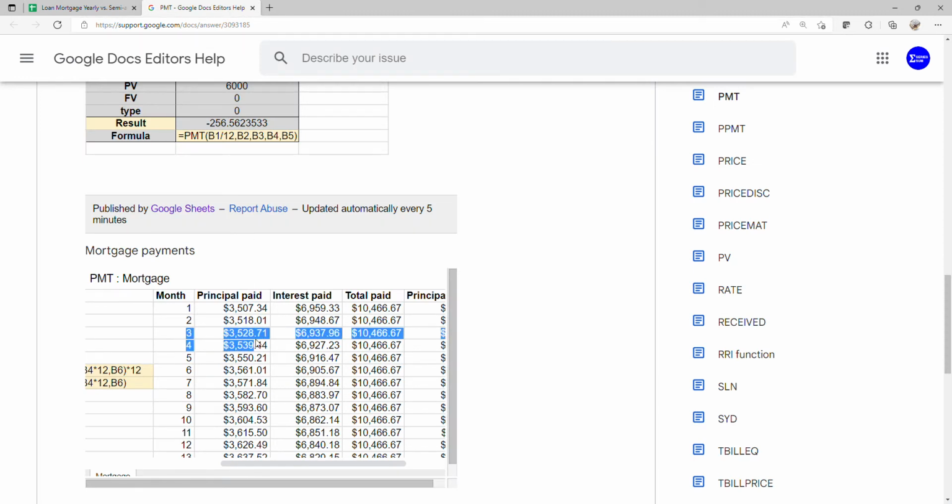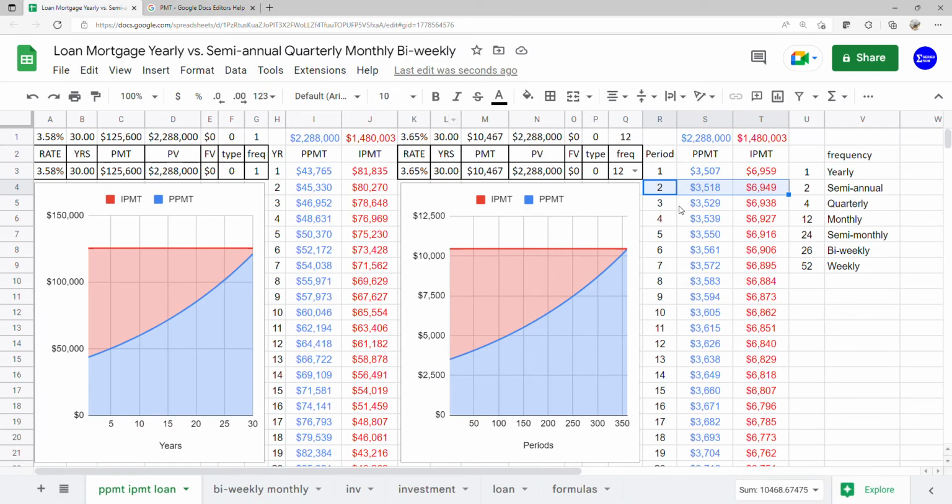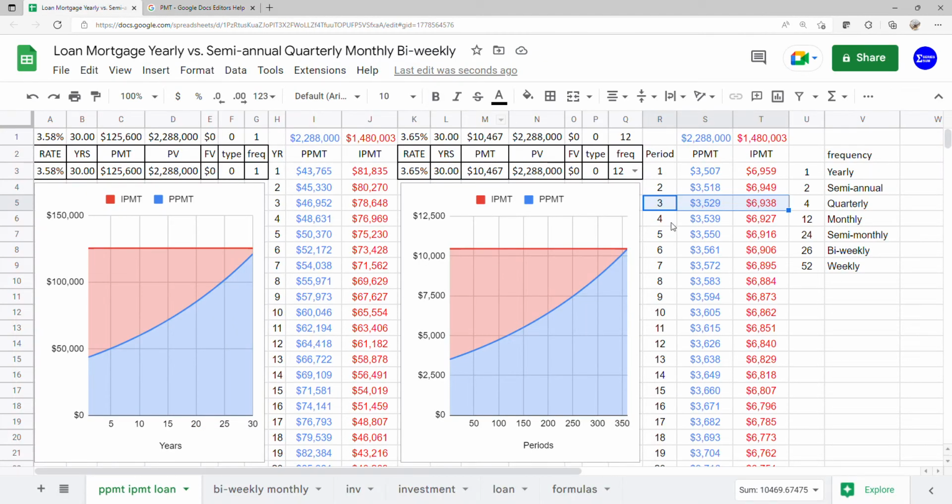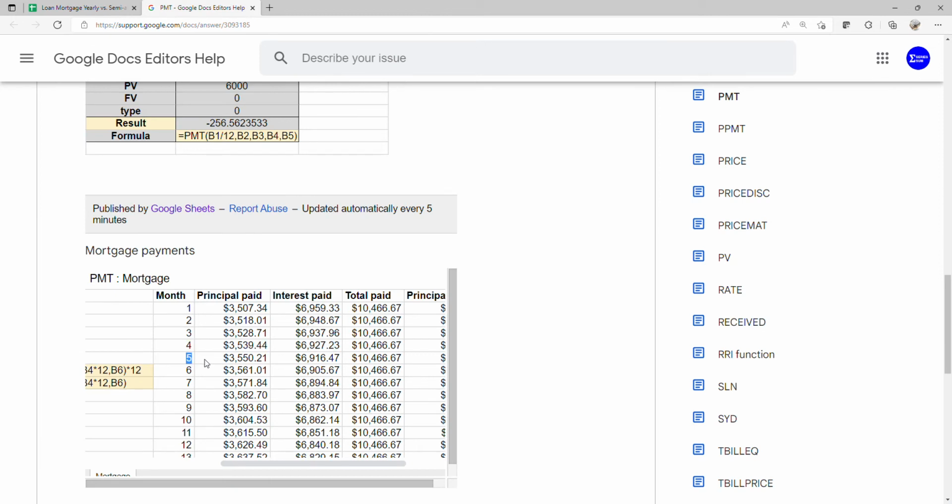The third month, 3528 and 6937, rounded off, 6938. The fourth month, 3539, 6927. The fifth month, 3550, 6916.